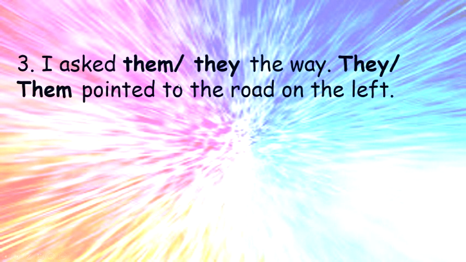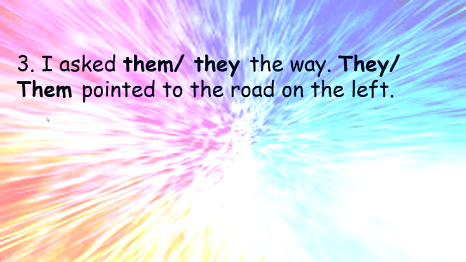Now let us see our number 3 sentence. I asked them or they the way. Now you have to see here, I is the subject, asked is your action verb. So them or they becomes your pronouns to be used at object place. So accordingly you decide which pronoun should you use at the object place.